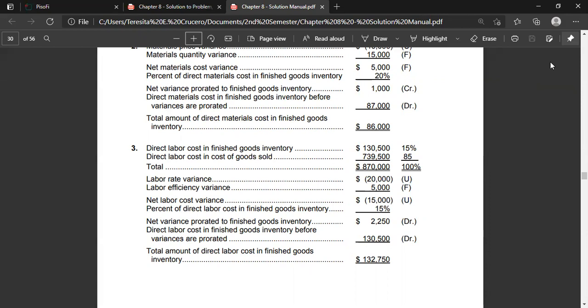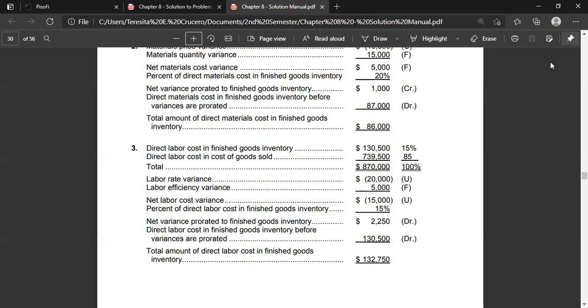Okay, so we have now the net labor cost variance equal to the two amounts. So we now get the net labor cost variance equal to 15,000. It's unfavorable. Percent direct labor cost in finished goods inventory. We multiply by 15% as given above.